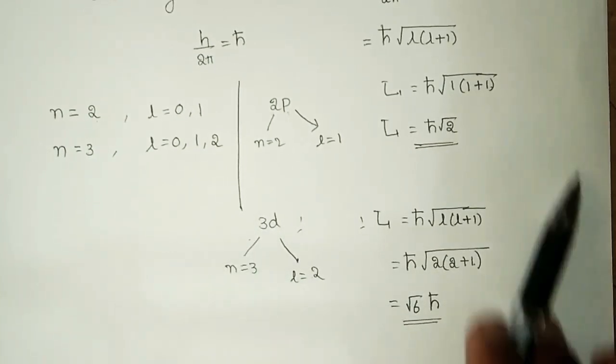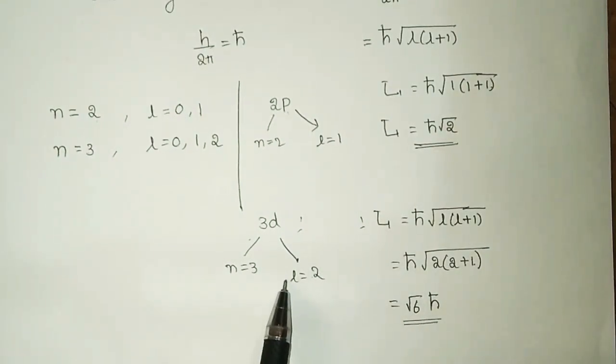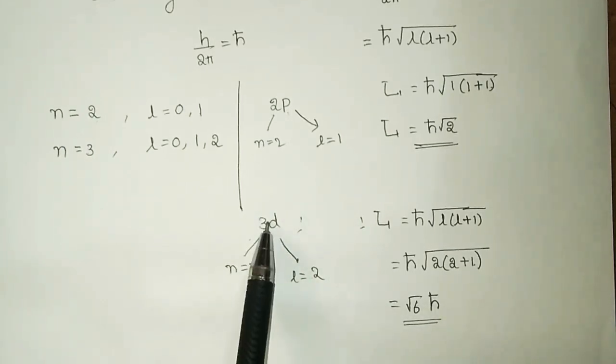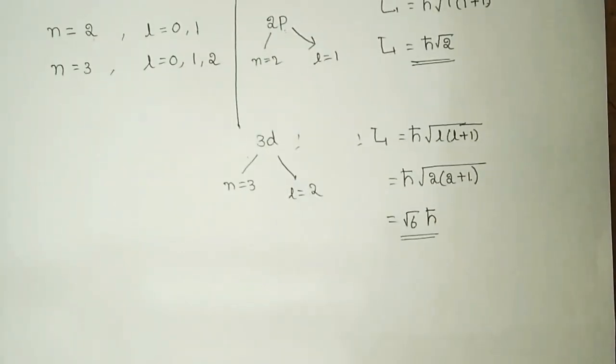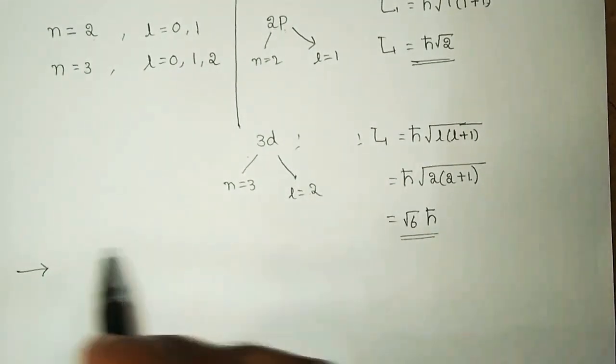Like this, it is possible to calculate the orbital angular momentum of an electron with the help of the azimuthal quantum number value of the electron present in a particular subshell. And apart from determining the angular momentum of an electron, the azimuthal quantum number is also helpful.